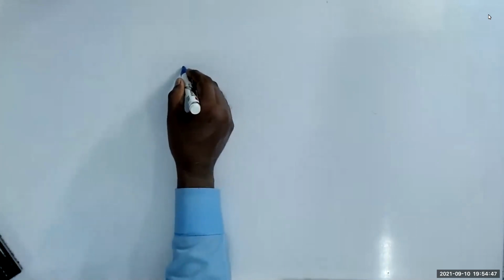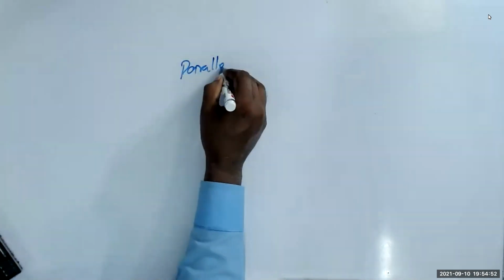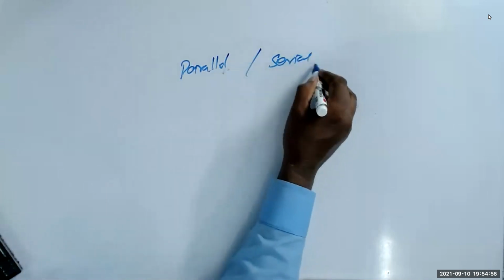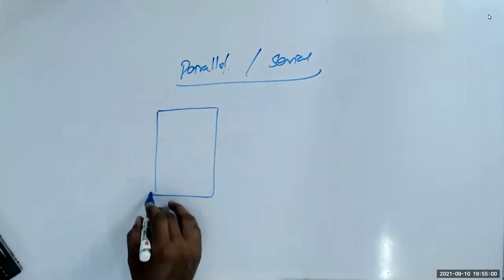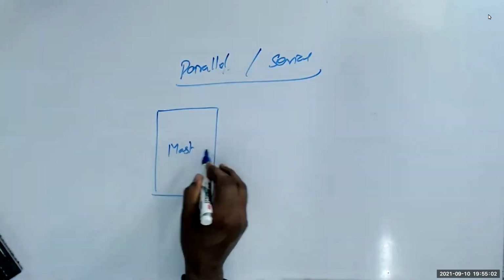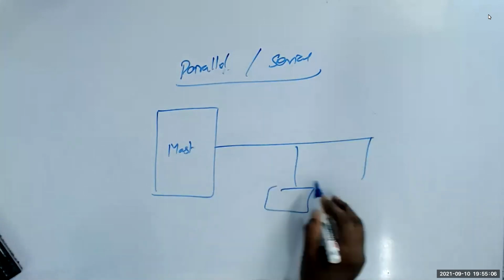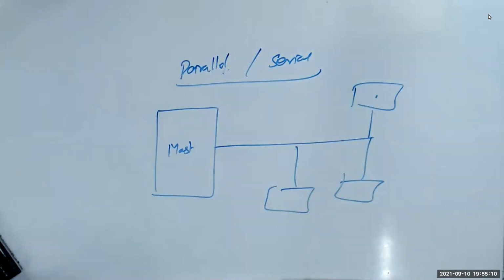In parallel and serial, there are two methods. One is there can be only one master. Others are slaves. They only accept. They are only slaves.